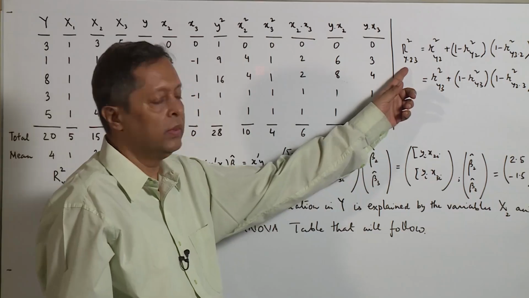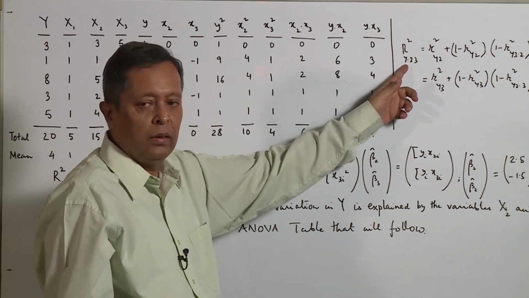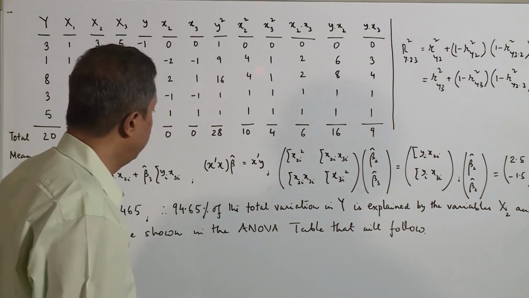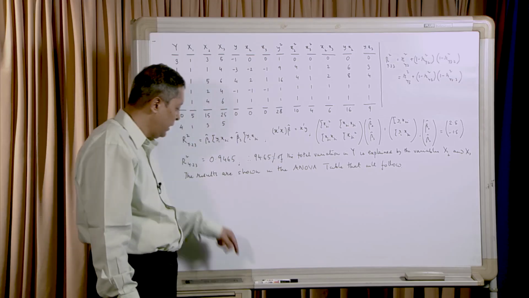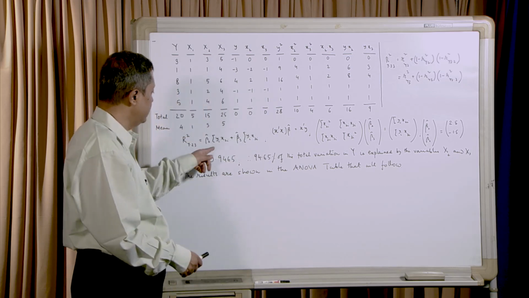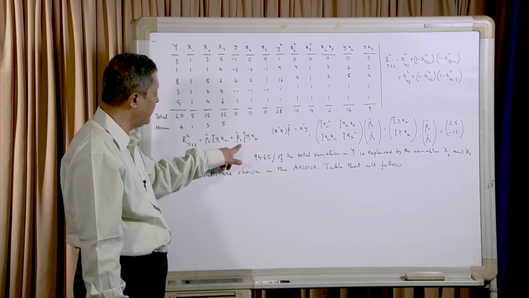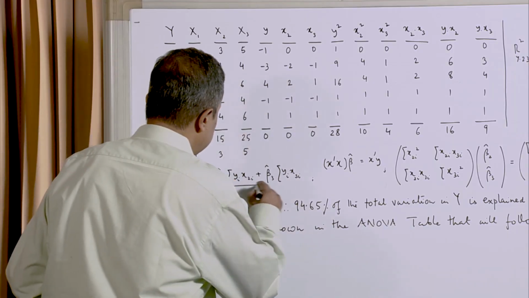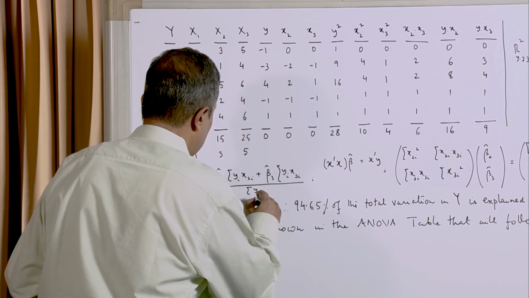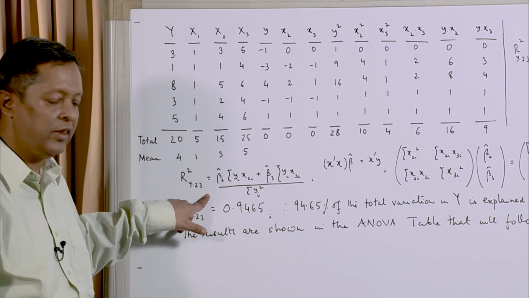We now want to compute separately the multiple correlation coefficient and the square of that, and for that we recall that r square y dot 23 is nothing but the explained sum of squares, beta 2 hat summation yi x2i plus beta 3 hat summation yi x3i, all upon the total sum of squares. These things we are already familiar with from our previous modules.